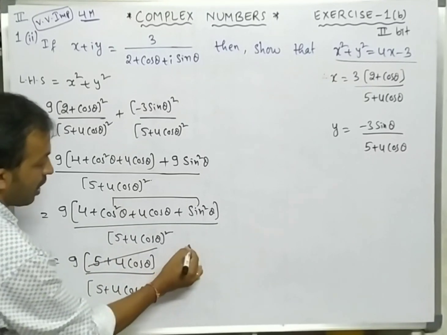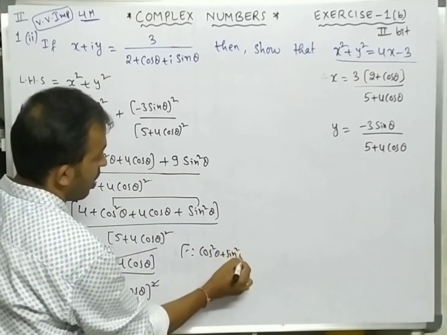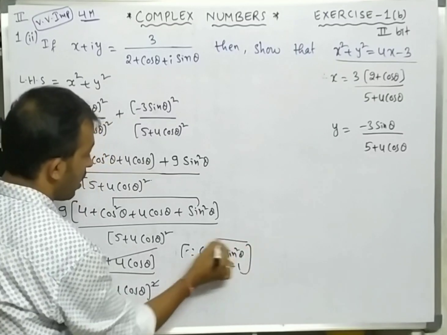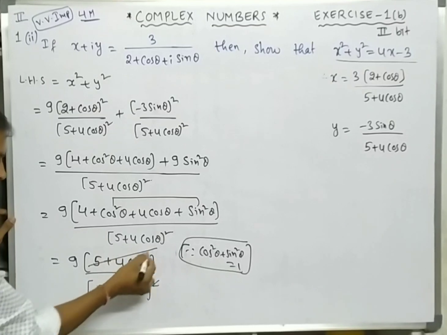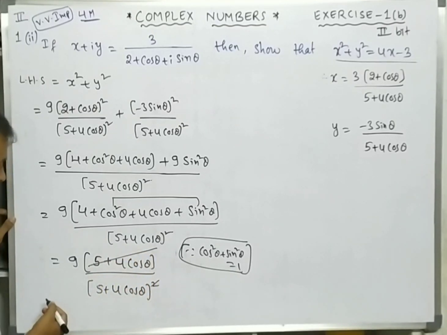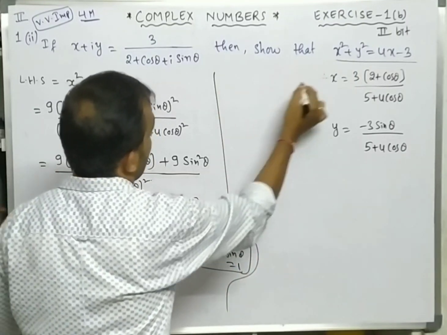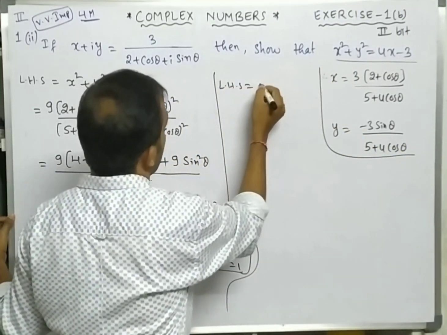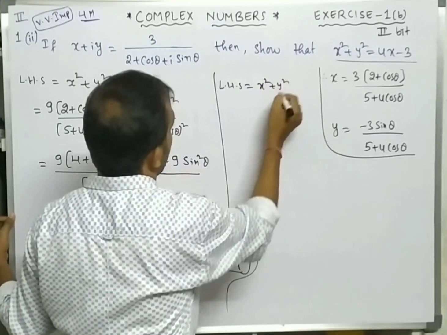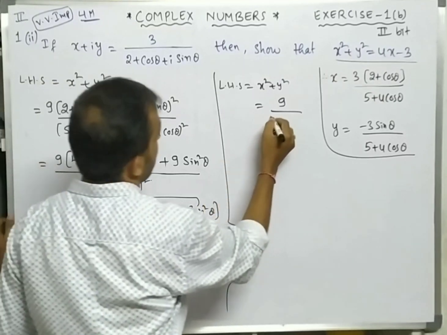One term gets cancelled, here mention cos square theta plus sin square theta is equal to 1, right. 5 plus 4 cos theta, so one factor of 5 plus 4 cos theta is cancelled. So finally what is the left hand side part? The left hand side part, x square plus y square, is equal to 9 by 5 plus 4 cos theta.